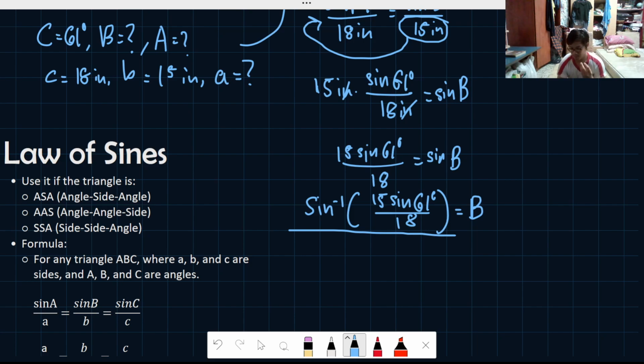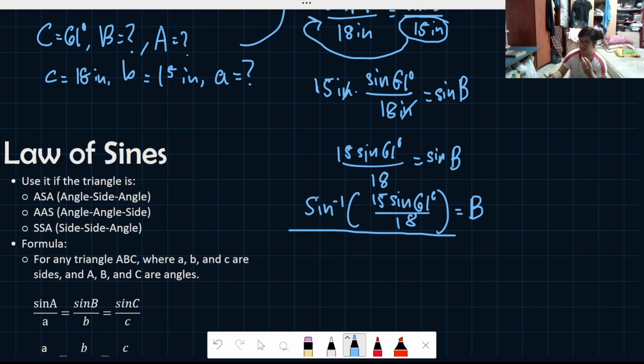So I'm just going to use my phone here. Hold on. Let me just open my calculator here. Scientific calculator. Okay, so inverse sine of 15 times sine of 61 degrees all over 18.